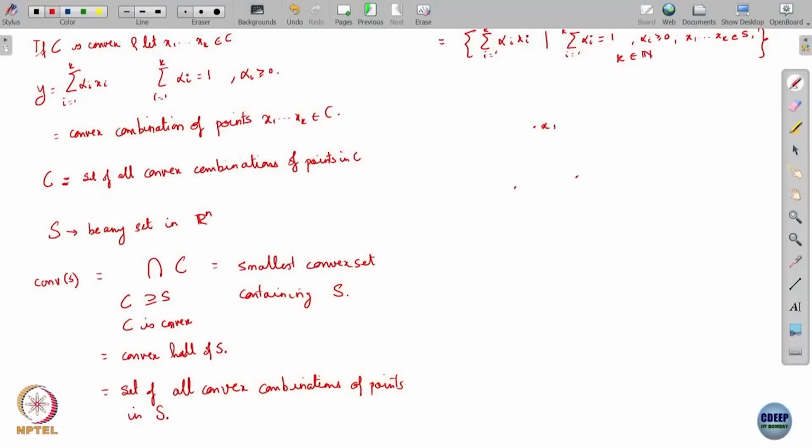See, for example, one way to check this is to say if k is 2, I will get individual segments, right. So, let us suppose I took 3 points x_1, x_2, x_3, I will get 3 segments like this.